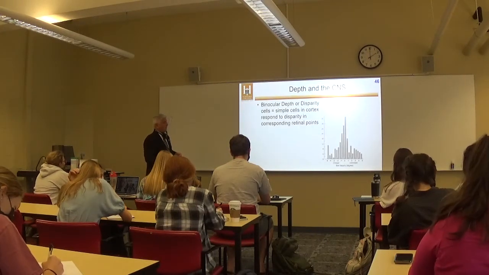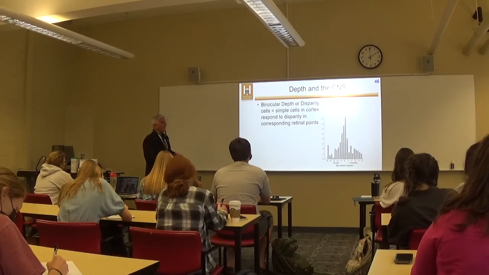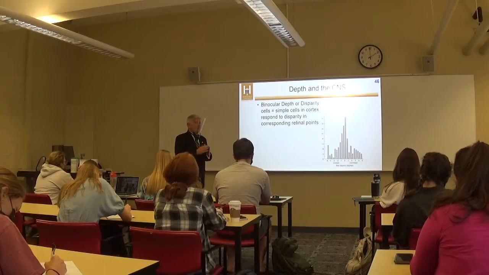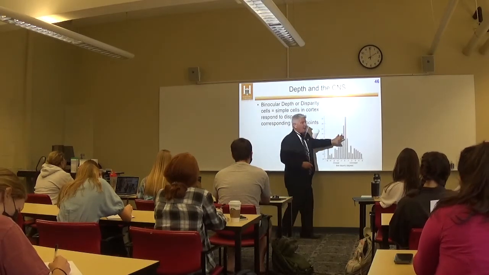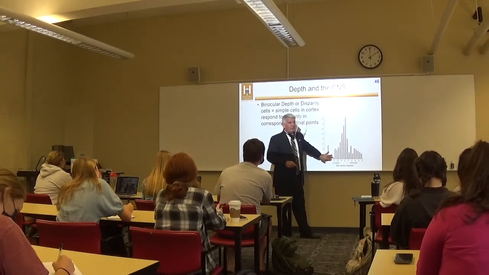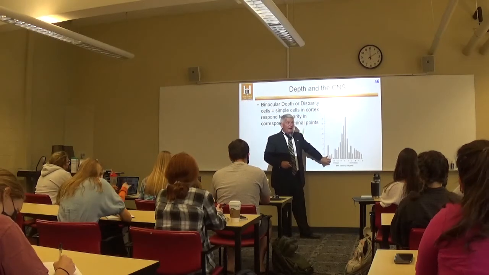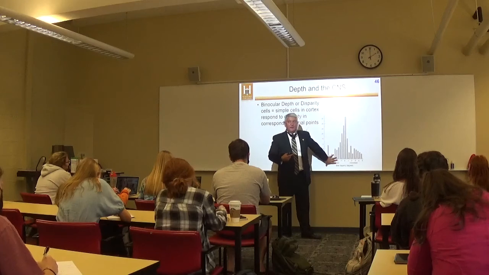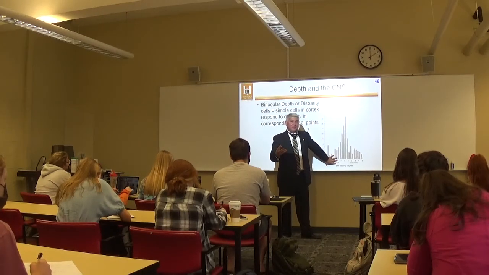There are cells that have tuning curves that fire when something is at zero disparity, and as the disparity gets bigger, the firing goes down. It's less likely to fire. And that's actually a good thing, because what's happening when this goes down? We're seeing two of that image, right?